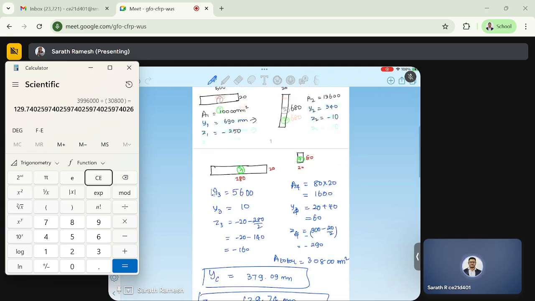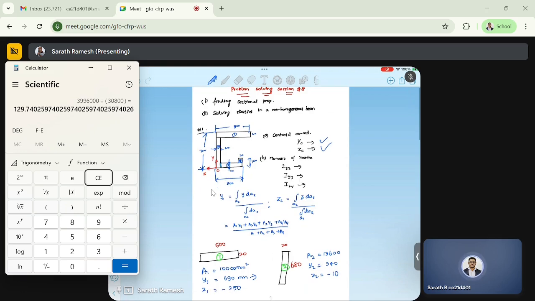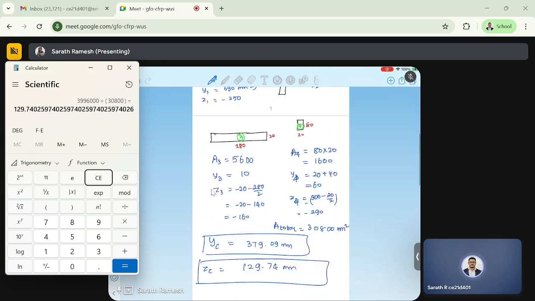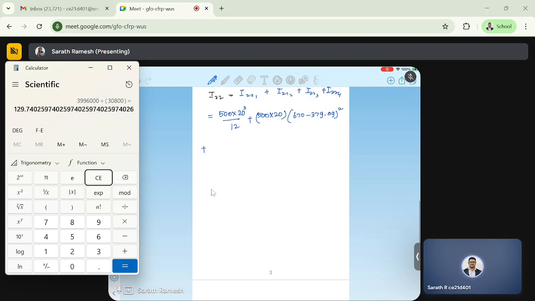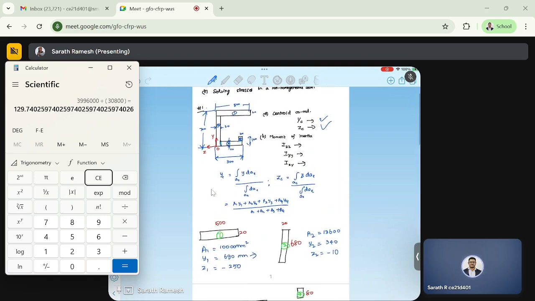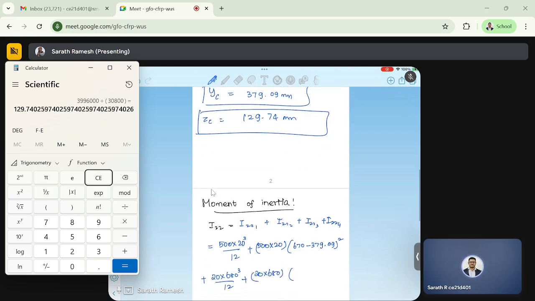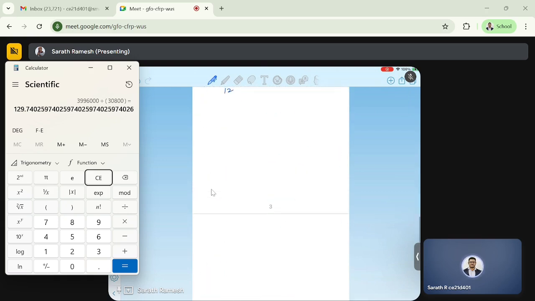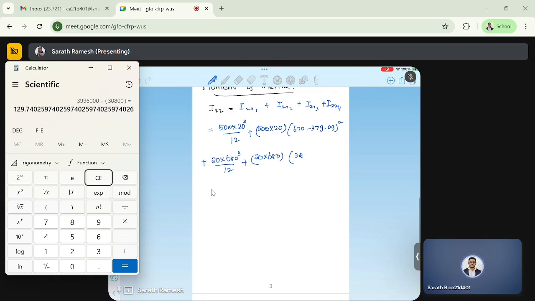Similarly, plus, what is IZZ2? IZZ2 is 20 into 680 cube by 12, plus area into the square of the distance between the axes. So 340 minus 379.09, the whole square.